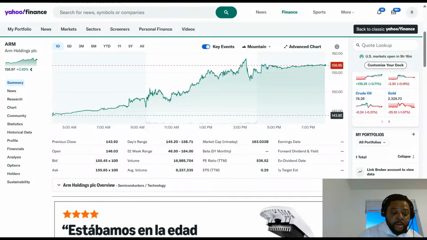Okay. So just let that marinate. 252. Just let that marinate. That's over 200%. So if you put in something like $1,000, that would be 2,500.